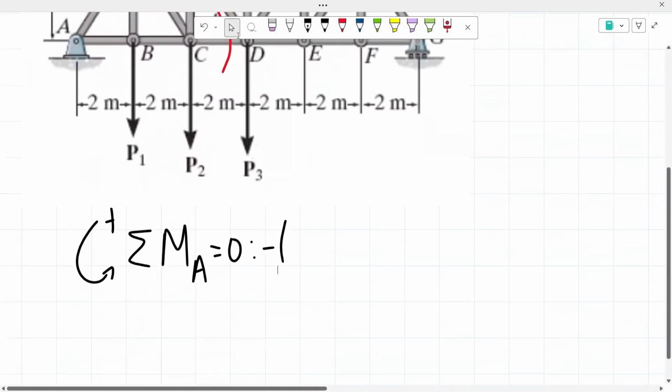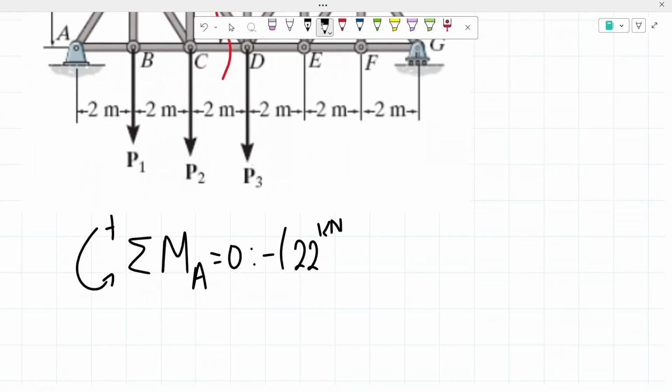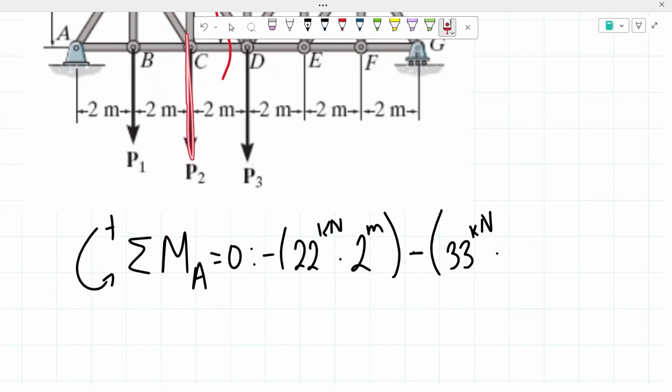So the first one has a force of 22 kilonewtons, and remember, moment is equal to the force times the distance. From point A to where our force is, we have a distance of 2 meters. From there, our second force has a value of 33 kilonewtons times the distance from here to here, which is 4 meters.